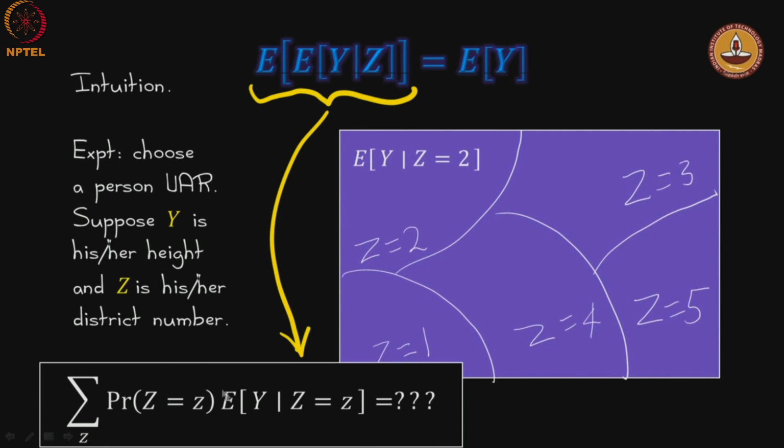What is that value? It is going to take on the expectation of y given that specific value of z. So, in this district, it is going to take on the value of the height of people in that district. That is expectation of y given that the district number is 2. For each district, it is going to take on a different value.